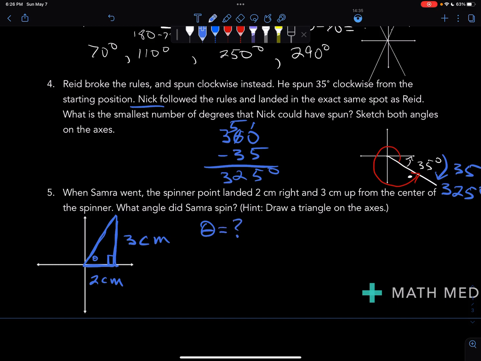So we can use right triangle trigonometry to figure that out. And we want to think about what 3 is as it relates to this angle theta. So theta is across, right? So we're thinking about our SOHCAHTOA. We'll just write it over here.